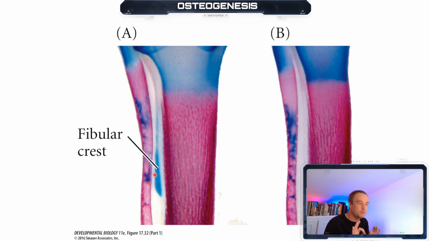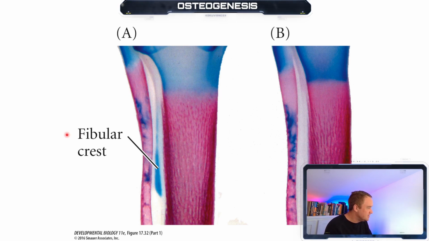It's a kind of a minor player in the overall pantheon of development. But in this case, this movement of the chick embryo, it's getting to that age where it's able to move. That is what leads to development of some connective tissue. In this case, the fibular crest.